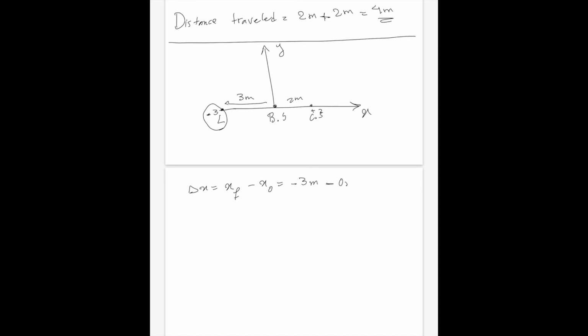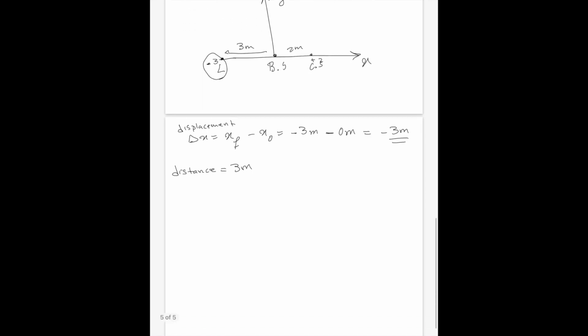Minus 0, which is your initial position, the bus stop, and that is equal to negative 3 meters. So this is your displacement. And what is the distance? As I said, distance is just the magnitude of displacement. So distance is 3 meters.